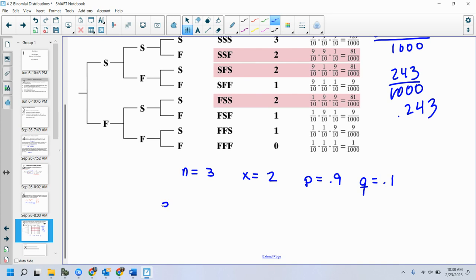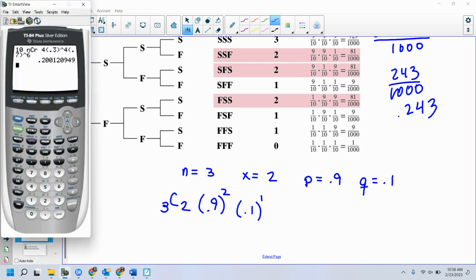Okay, so that means we would have 3C2, 0.9 raised to the second, 0.1 raised to the first, right? Okay, 3C2 times 0.9 squared, okay, times 0.1 raised to the first power, 0.243.